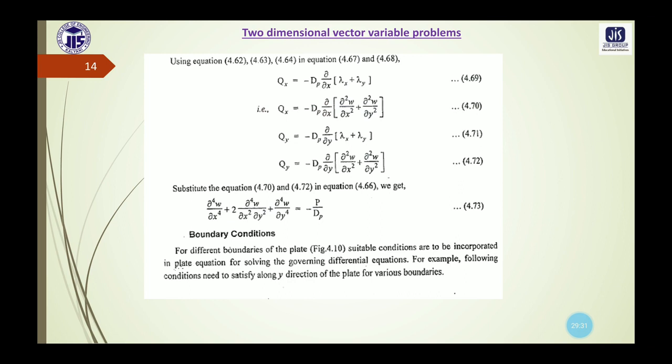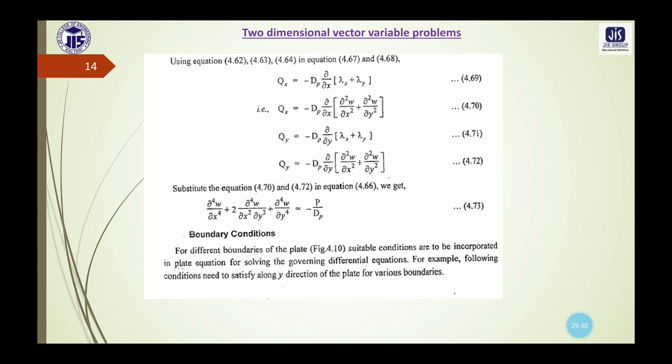And finally we get the equation minus p by Dp equals del 4w del x4 plus 2 del 4w del x2 del y2 plus del 4w del y4. So this is equation 4.73.